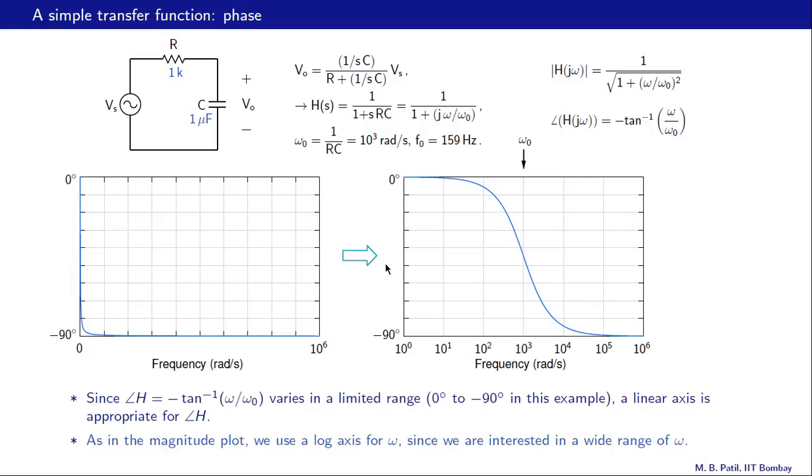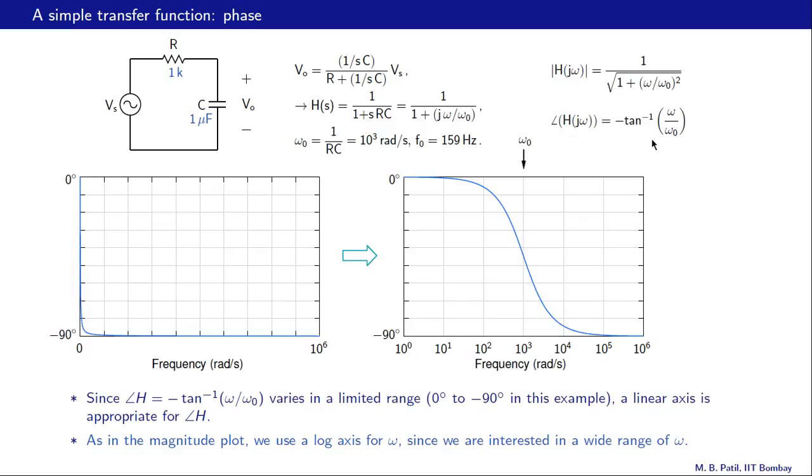And as before, when we plot the frequency on a log axis, we can clearly see certain trends as well. For example, at omega equal to omega 0, which is this point here, the phase is minus 45 degrees, and that is something that we expect from here, minus tan inverse of omega by omega 0.